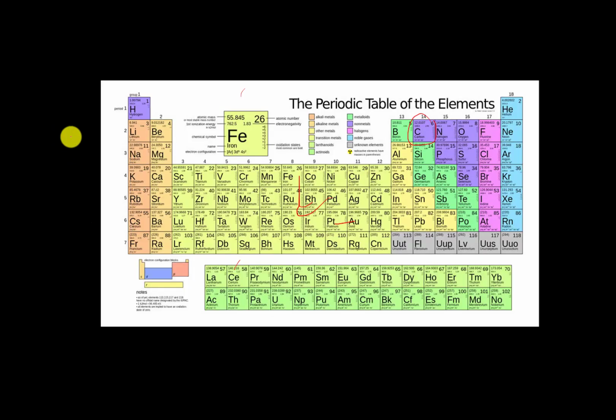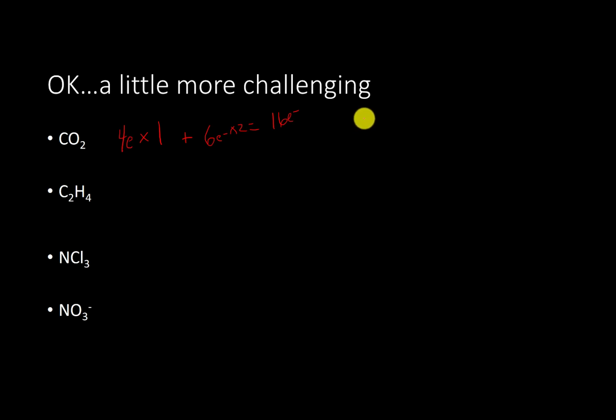Carbon and oxygen are in different places on the table, and the trend of electronegativity, as you remember from the last test, goes this direction. So oxygen is more electronegative than carbon. Therefore, carbon is the least electronegative, so it is the central atom. Let's take that over here. Let's put a carbon, and an oxygen here, and an oxygen here.